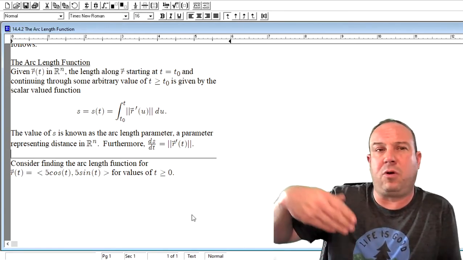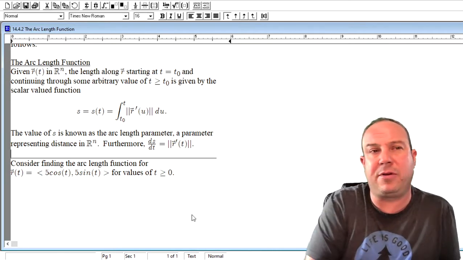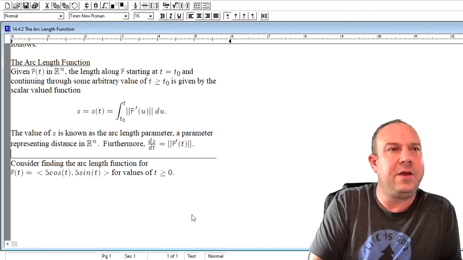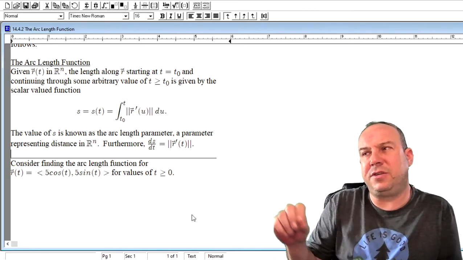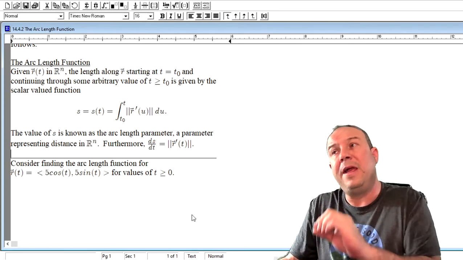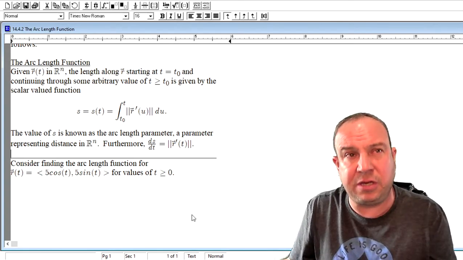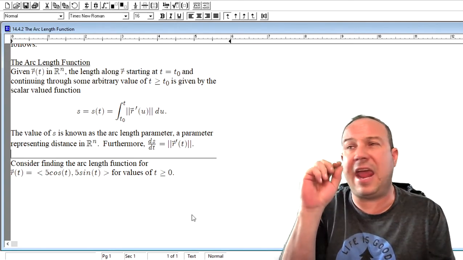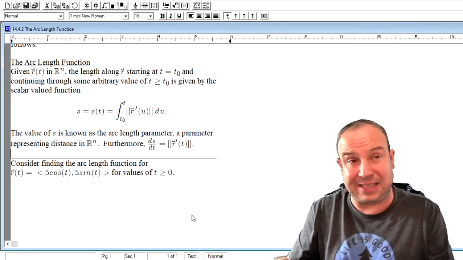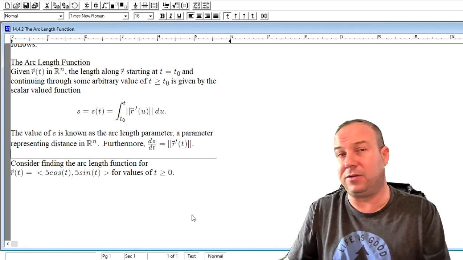And you might be interested, well, what happens if I'm at the point where that parameter t is at 3? How far have I moved along that curve? Well, I can use my arc length function to find that value. I can also just use my arc length calculation, but I can build or prepare a function where I can just substitute in any value of t into that, and it tells me exactly what is that distance traveled.